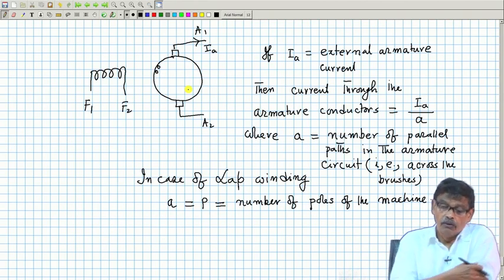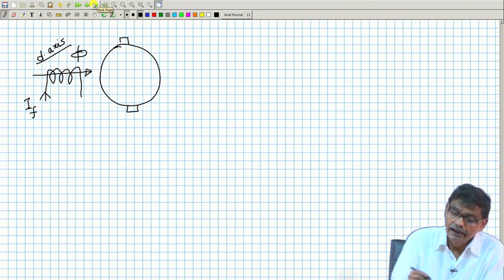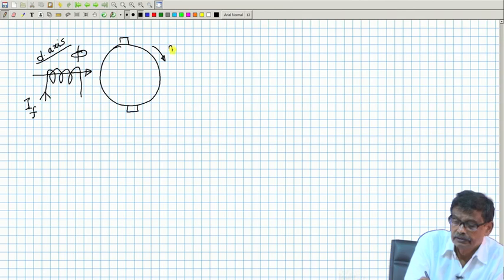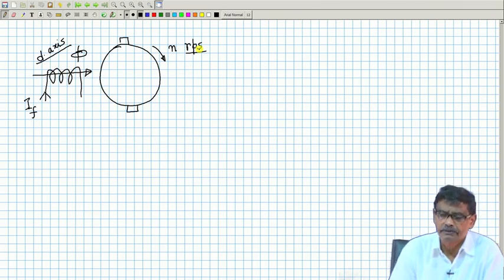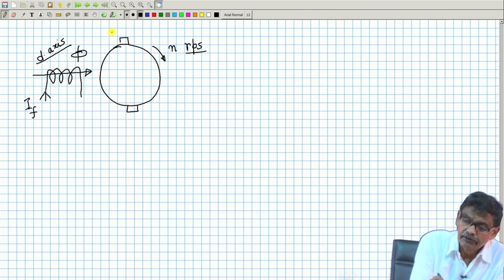Okay. Now, I have a flux per pole created, and suppose I decide to run the machine in a particular direction with a speed of n RPS, rotations per second. If it is RPM, divide by 60 to get this number. And it is across the armature terminal.